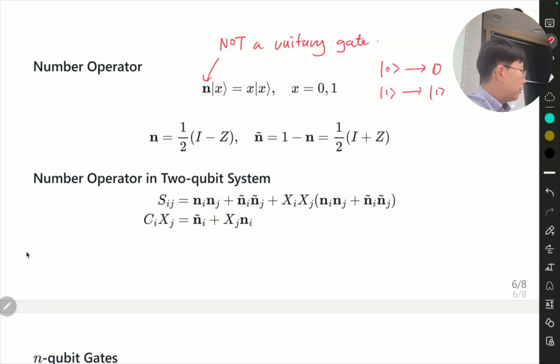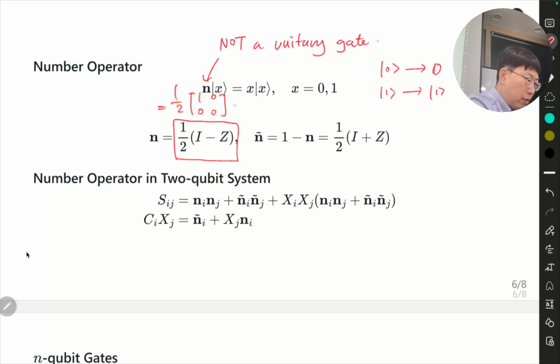So if you want to represent this as a linear combination of basic gates, then this is the way you can represent it. You can simply calculate this matrix summation. So 1, 0, 0, minus 1 gives you 1 over 2, 0, 0, 1 over 2 times 2. So therefore you get this one.